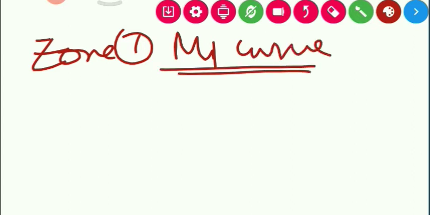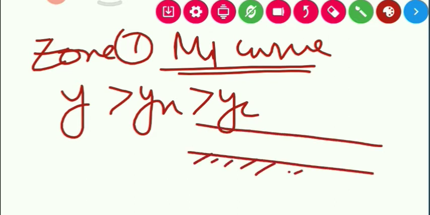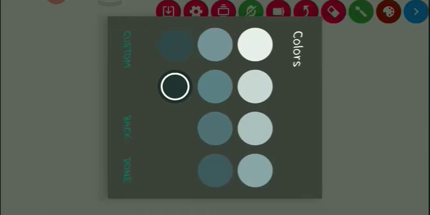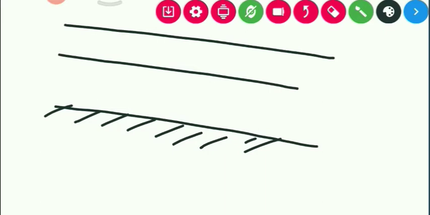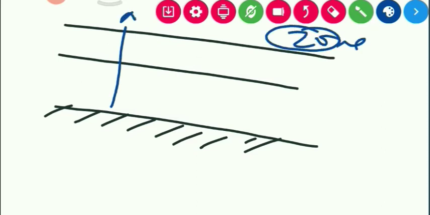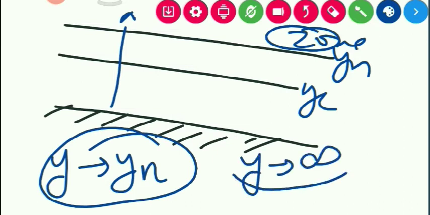So dy by dx is positive, and if the depth is lying in zone 1, this is yn, this is yc, so the minimum value y can take is yn, and y can take a maximum value at infinity.